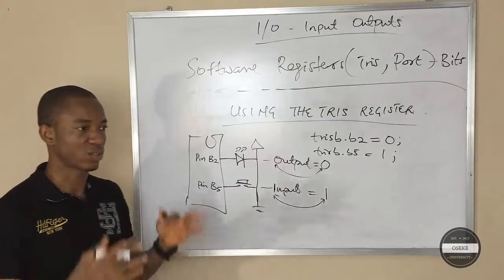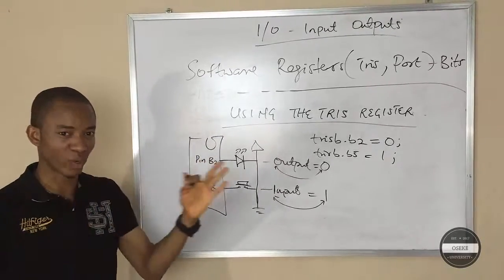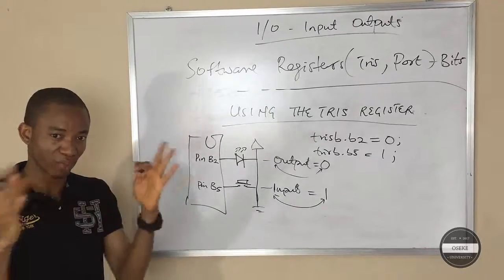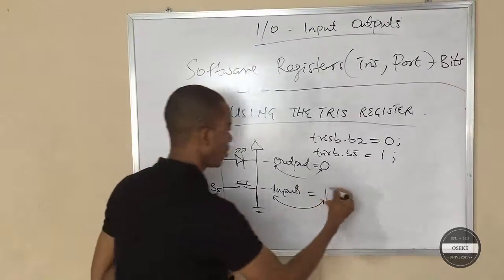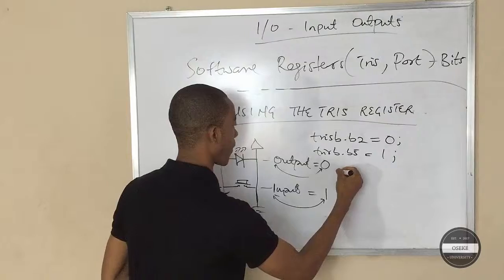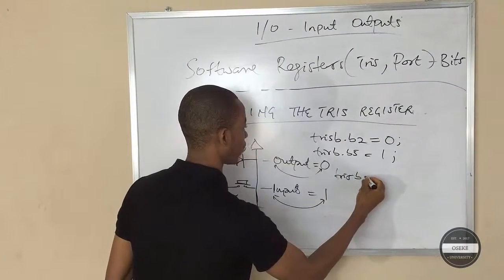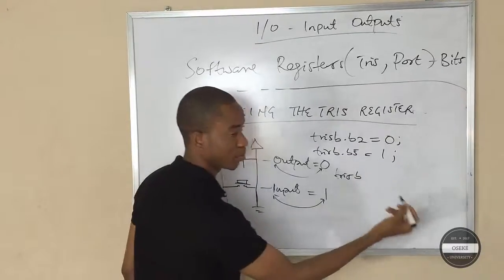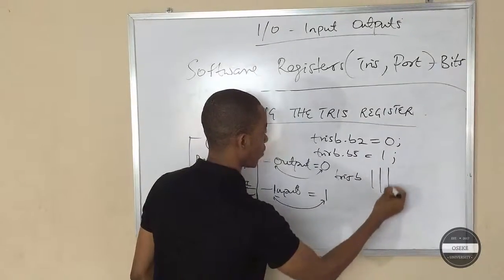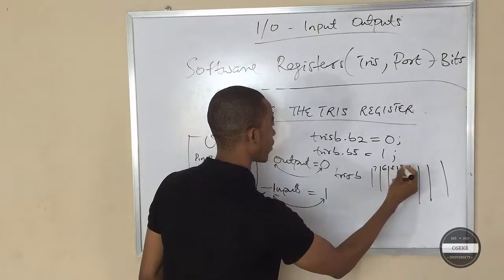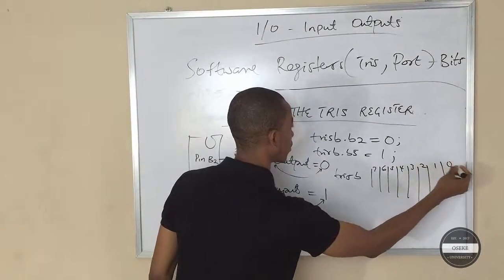What that means is all its registers are 8 bits wide, meaning they have 8 different bits making up the register. So for example, the trace B register has 8 bits: 7, 6, 5, 4, 3, 2, 1, 0.